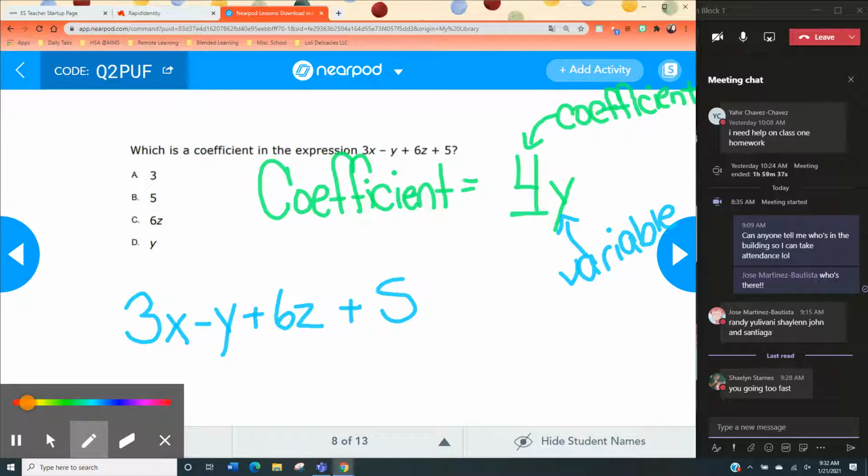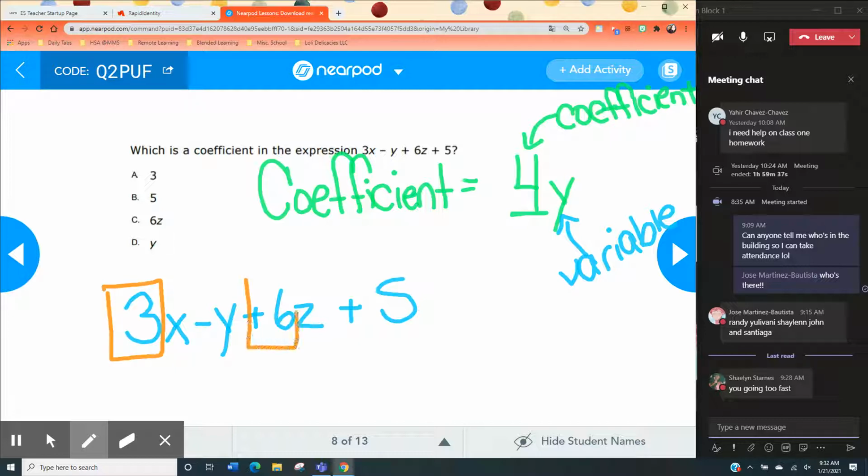So in this expression, and again, if I'm going too fast, let me know. In this expression, the 3 is considered a coefficient because it's being multiplied by that variable. And this positive 6 is also considered a coefficient. The 5 and the negative y are not coefficients.